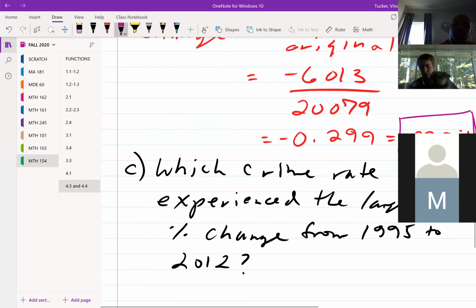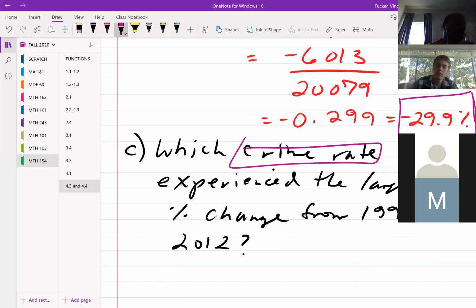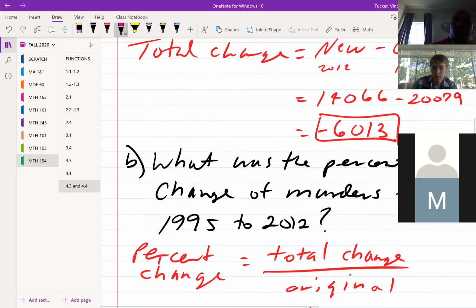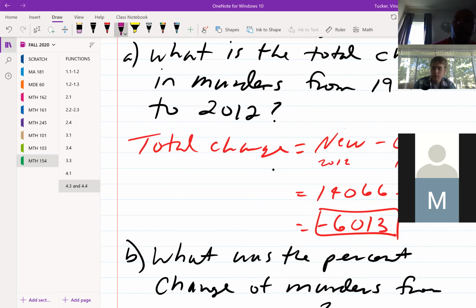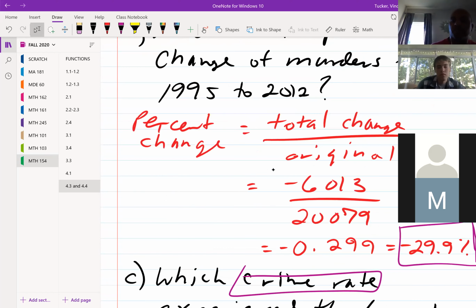And then the next one I'm not going to do because it's the exact same process. It's just that you would do it for each one of the crime rates. So if you look at the chart, you would take the new and the old, subtract them, and then divide by the original.